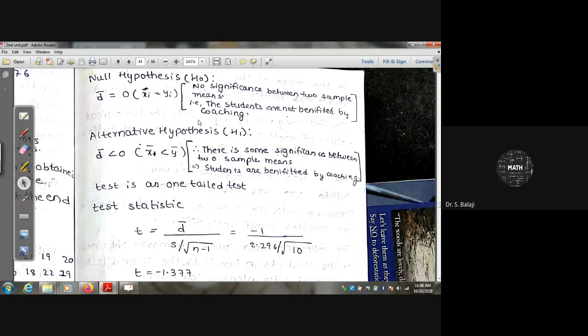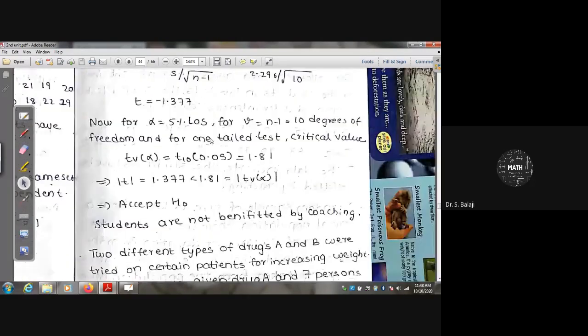Students are not benefited by coaching because d bar equals 0, there is no significance here. X bar equals y bar, therefore both mean values are the same. After coaching and before coaching, the mean values are the same. Therefore, students are not benefited by coaching.